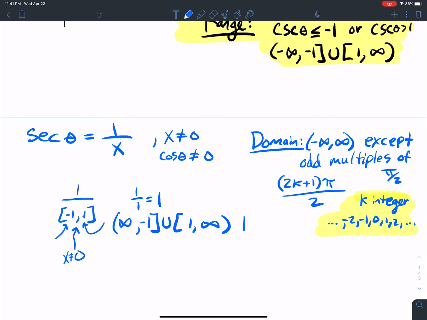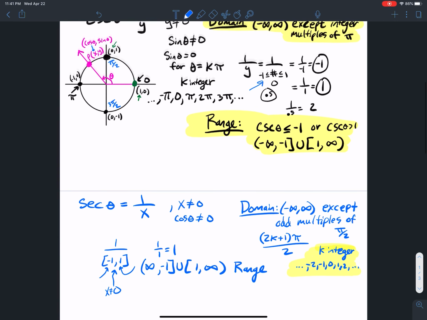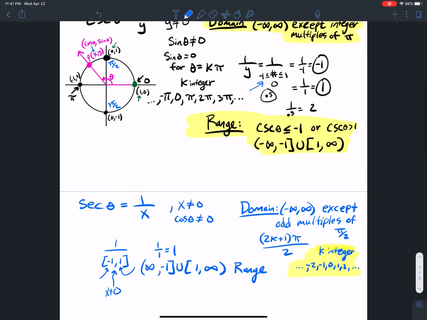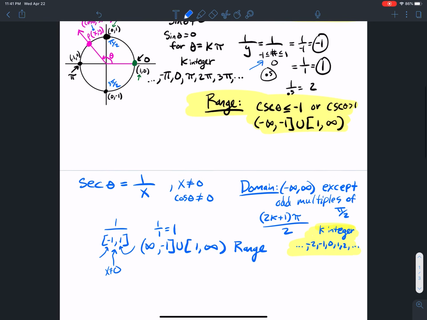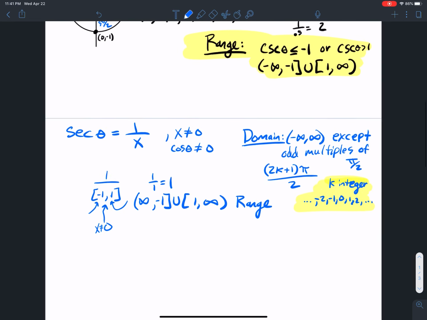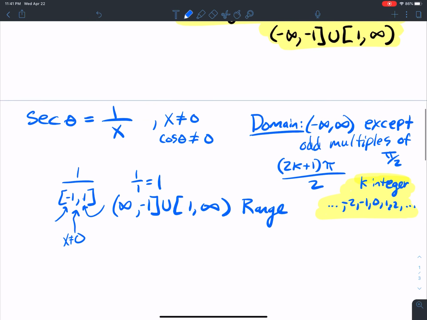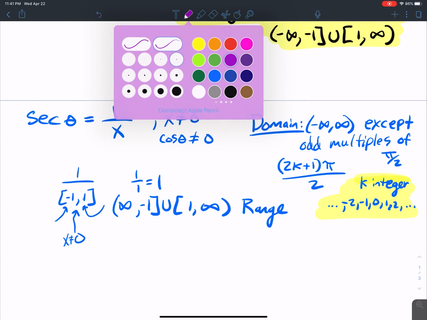So this is my range, okay, very similar. The secant and the cosecant have the same range, okay? Their domains are a little bit different, but the ranges are the same, all right? And the last one is the cotangent.